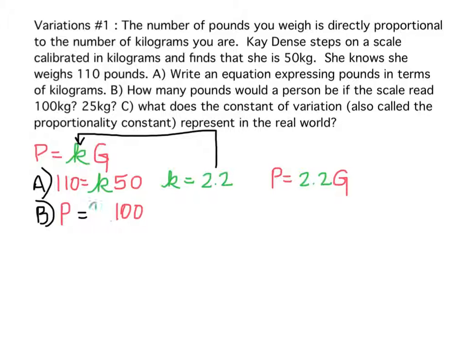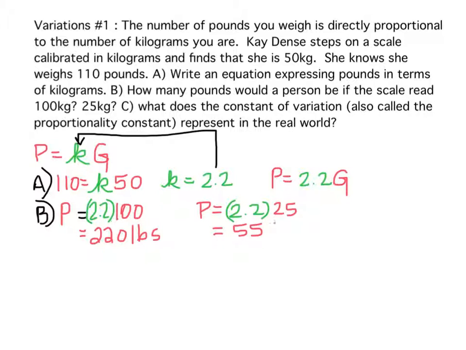I know the constant of variation is 2.2, so I know these pounds would equal 220 pounds. Excuse the dogs in the background. Okay, so what if the scale read 25? So 2.2, I'm going to plug in the kilograms, and I get 55 pounds.